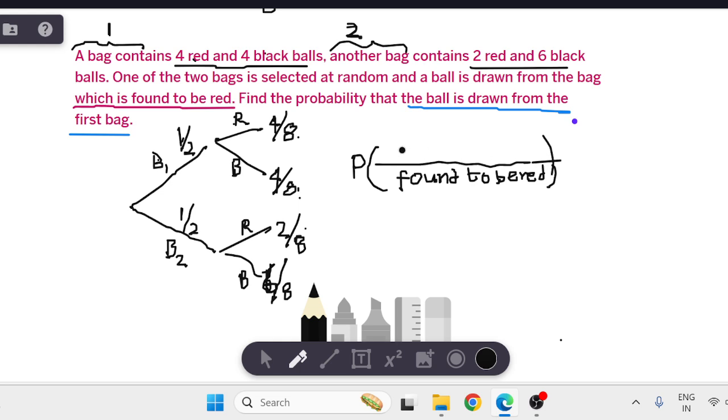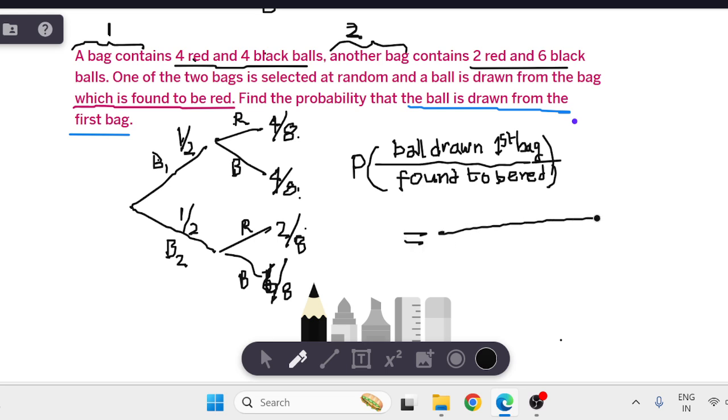And on the top, it will be that the ball is drawn from the first bag. I am writing just first bag. At this juncture, no need to write all, just write the answers.